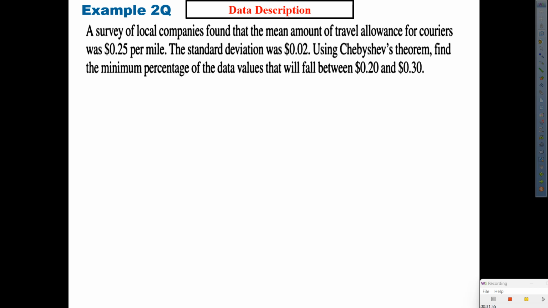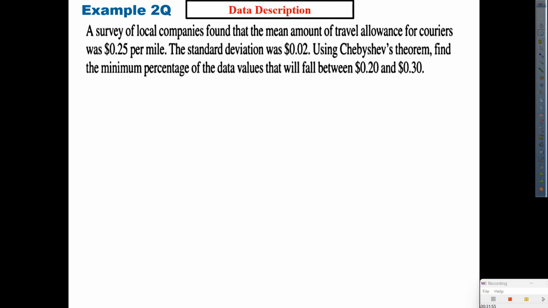So, for example, you know how you guys get your FedEx or UPS and all that? They are known as couriers because they carry your packages. They are allotted 25 cents per mile, so they give them an extra amount of money per mile, and that's a quarter per mile. The standard deviation is 0.02. Use Chebyshev's theorem to find the minimum percent of the data values that will fall between 0.20 and 0.30.